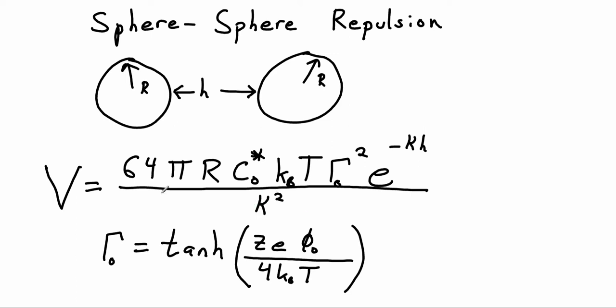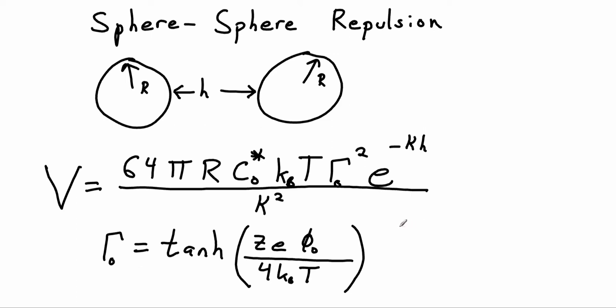I should point out that this equation is for a symmetrical electrolyte, so that is one that is either 1 to 1 or 2 to 2, where the charges in the anion and the cation are the same. Okay, well, this is a bit of a beast, and so it would be nice if we could simplify it. So we can do that if we remember the properties of the hyperbolic tangent.